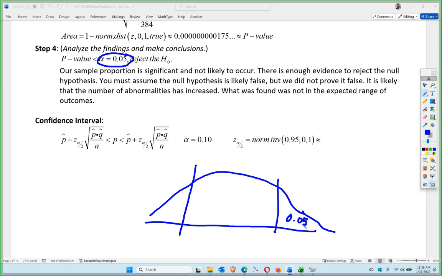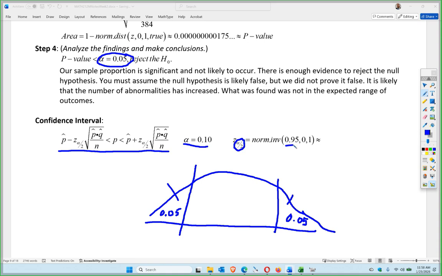Okay, but the problem is when you do a confidence interval, it's plus or minus, right? So you actually have 5% here also, so which means this one plus this one is 10%. Okay, so that's why it's alpha divided by 2. You know what I'm saying?